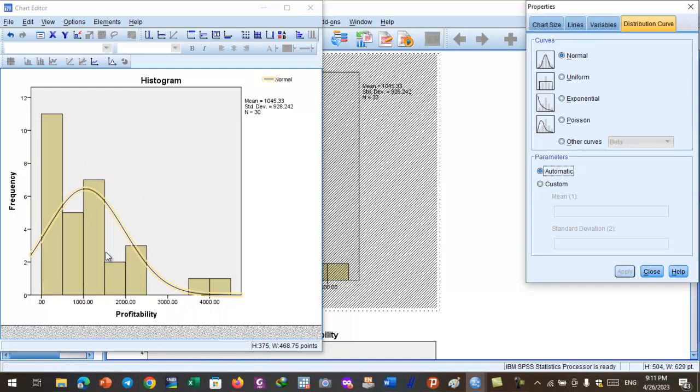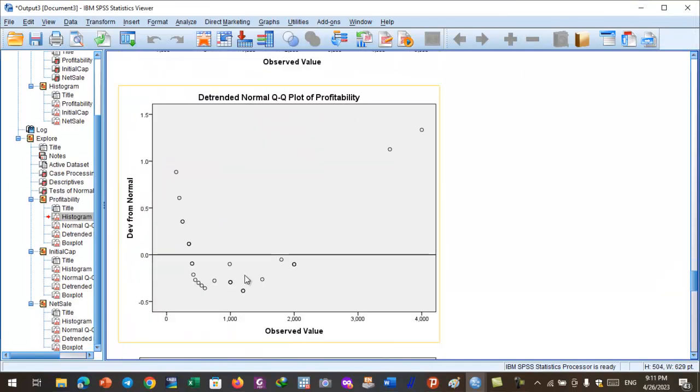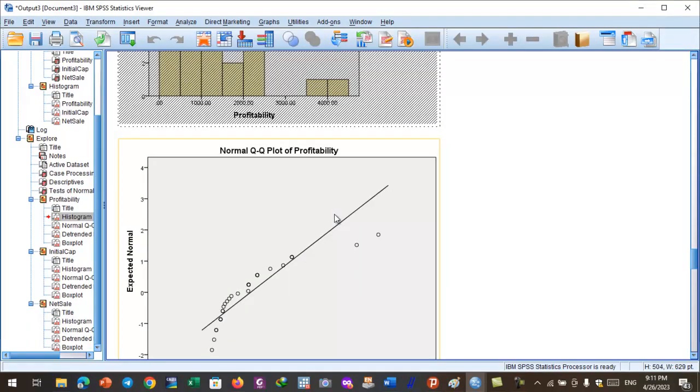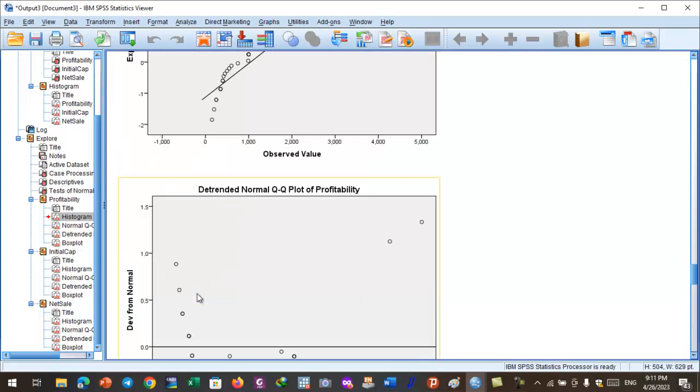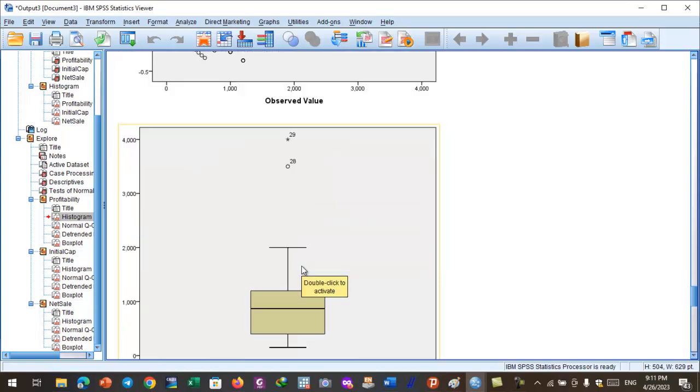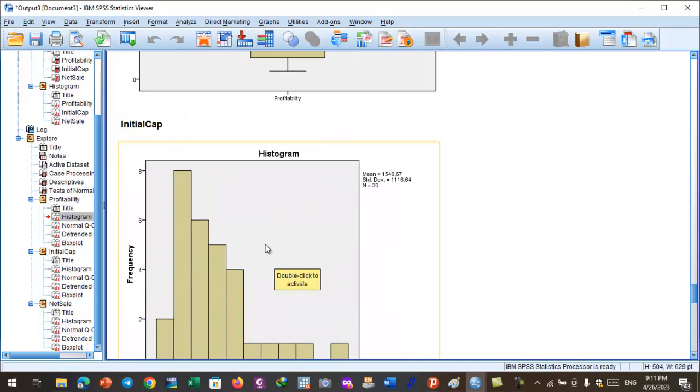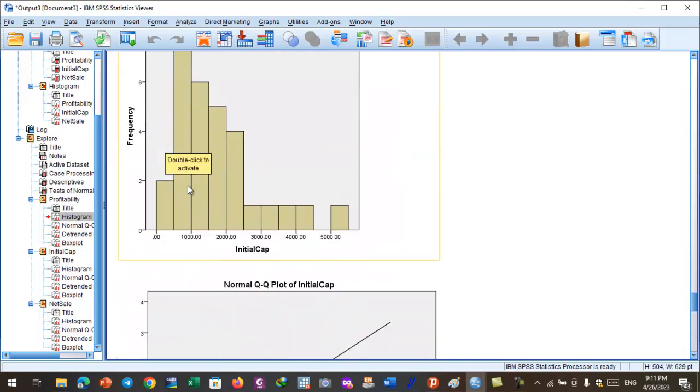It seems negatively skewed. And here, as you see in the normal Q-Q plot, the data run out from the normal line. And in the plot and histogram for initial capital, it is still not normally distributed.